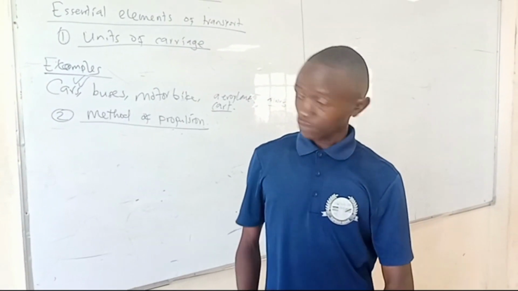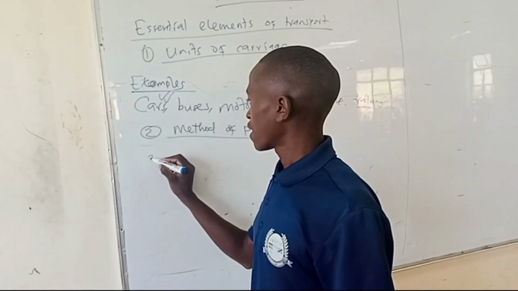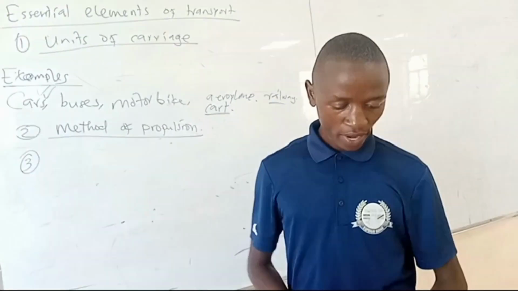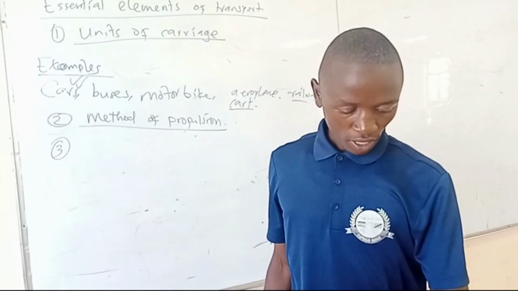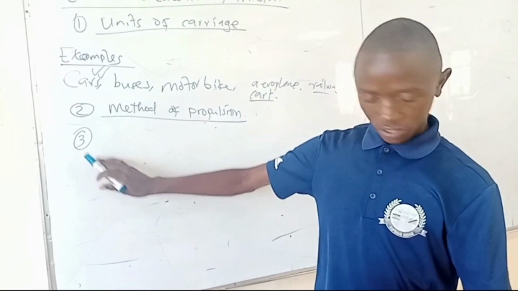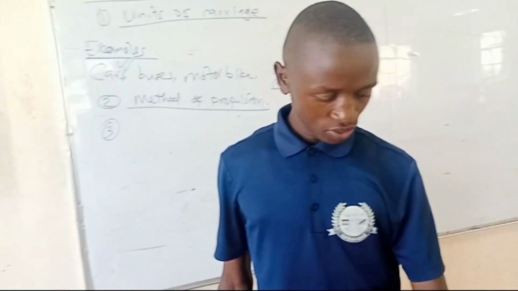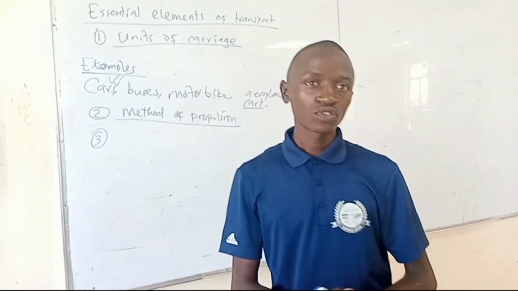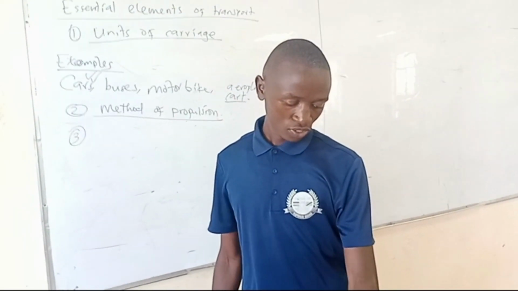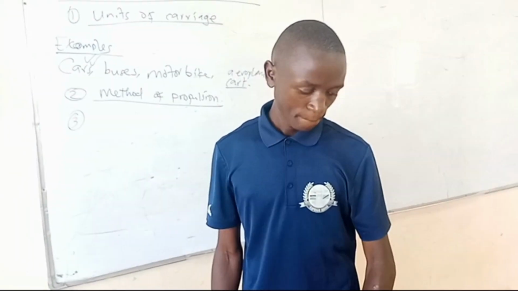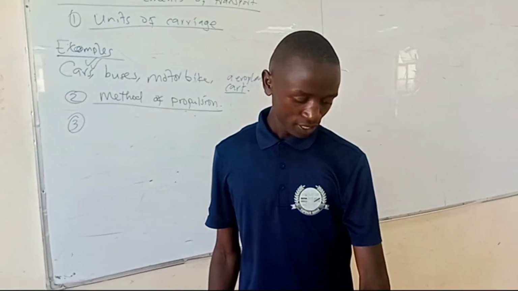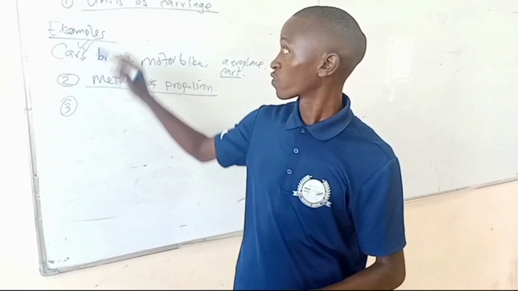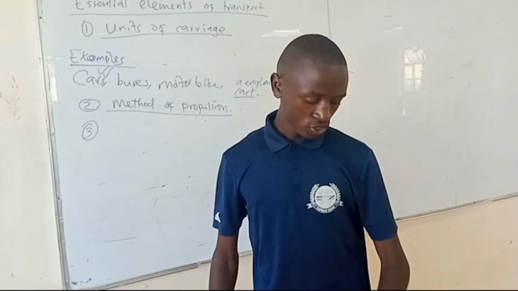Another thing we are going to look at will be the ways. Before we write on ways, let's write small notes. Methods of propulsion refers to the driving force, the sources of power that make the unit of carriage move.